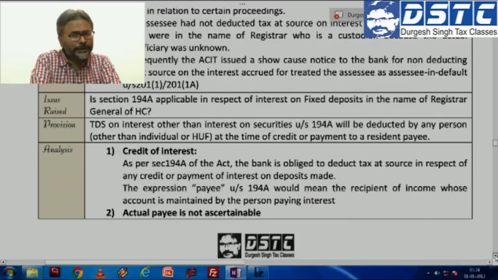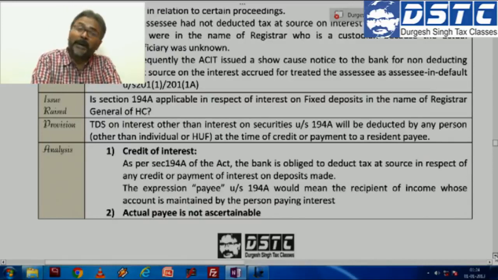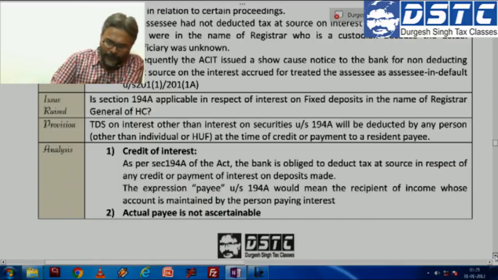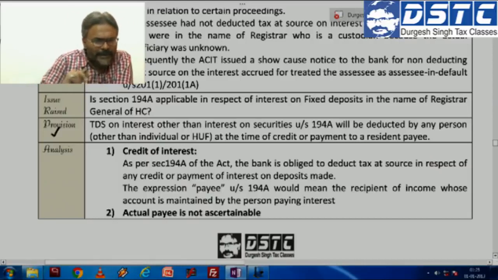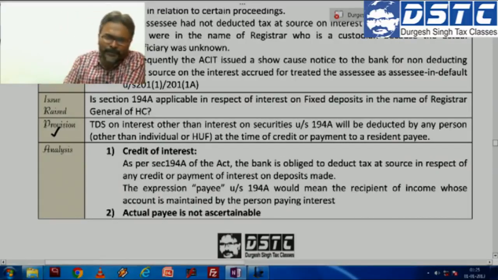Judgment is yet to come, and hence the non-deduction of TDS is valid. The payee is not yet known to us, and therefore the question of the payer deducting the TDS will not arise. So students, again the provision of 194A will not pose a problem.